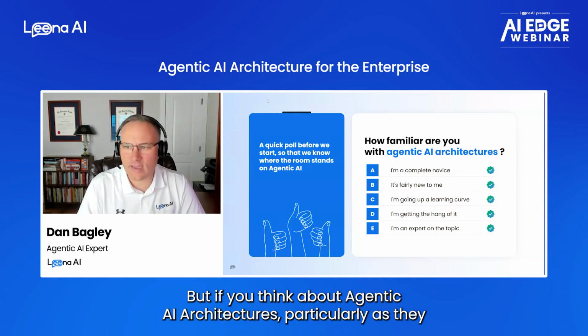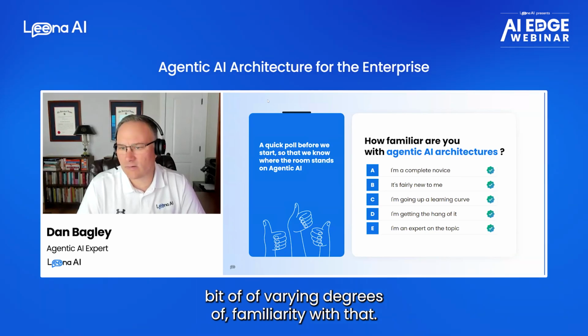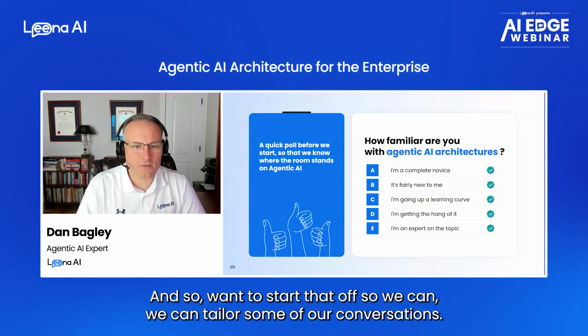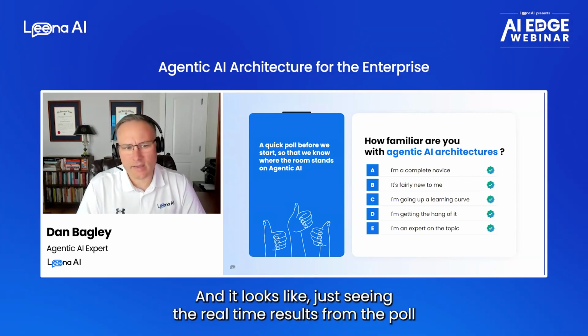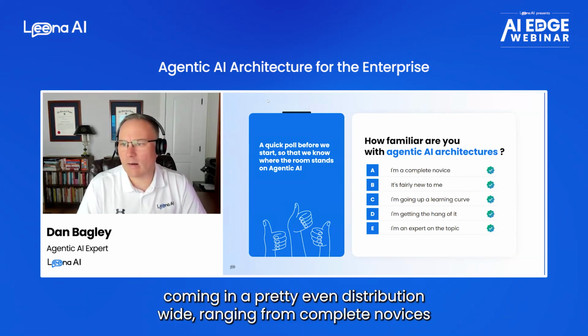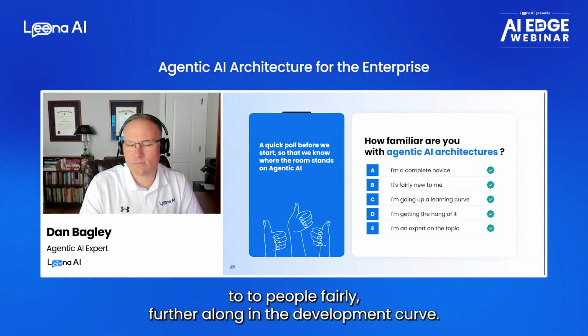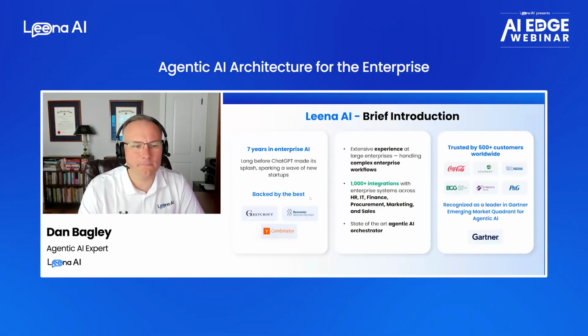But if you think about agentic AI architectures, particularly as they pertain to enterprise use cases, there are varying degrees of familiarity with that. And so I want to start that off so we can tailor some of our conversations. And it looks like, just seeing the real-time results from the poll coming in, a pretty even distribution, ranging from complete novices to people fairly further along the development curve.